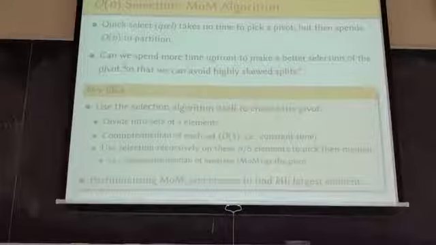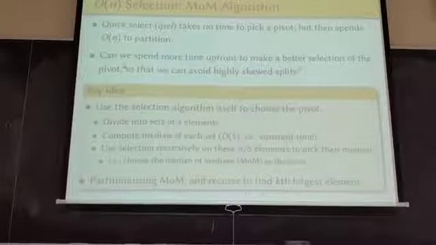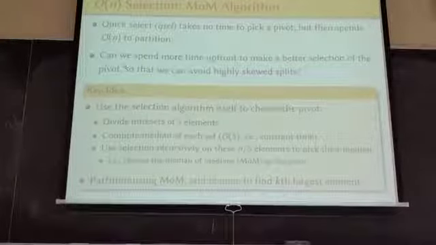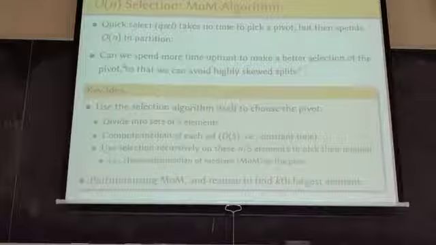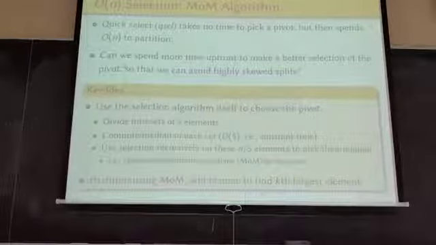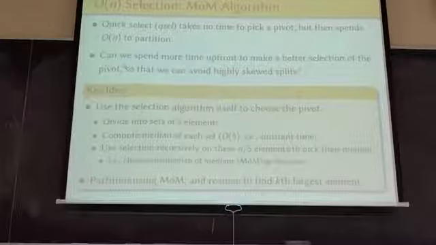First you do quick select to compute the median of medians, and then you choose the median of medians to partition and rerun the quick select algorithm. Because you chose the median of medians as the partitioning element, you are guaranteed that the whole thing will take linear time.